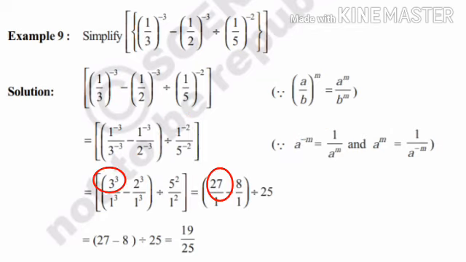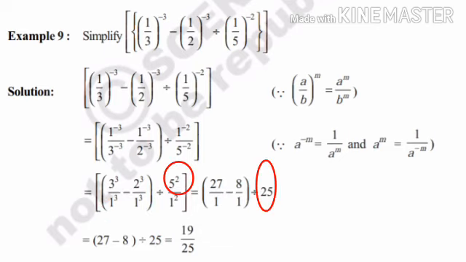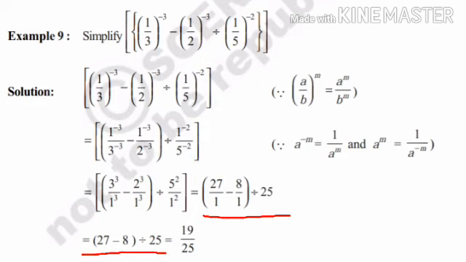That is equal to 3 cube means 27 by 1 cube means 1, minus 2 cube means 8 by 1 cube means 1, divided by 5 square means 25 by 1 square means 1. Here 25 is divided by 1, we get 25. Next step, 27 by 1 means 27, minus 8 by 1 means 8, divided by 25. That is equal to 27 minus 8, which is 19 by 25.